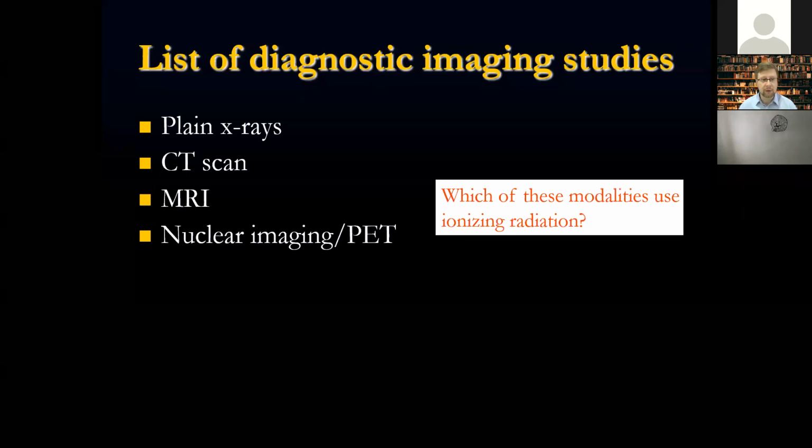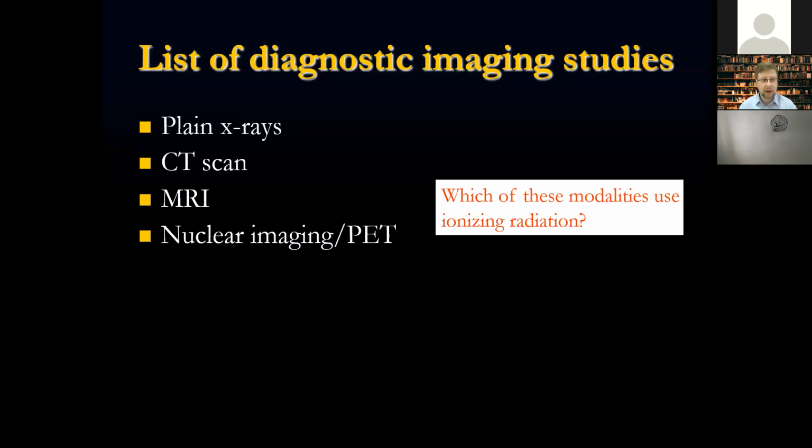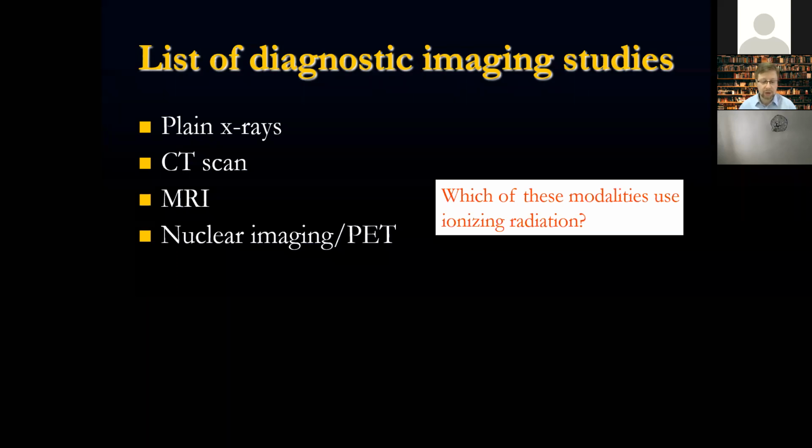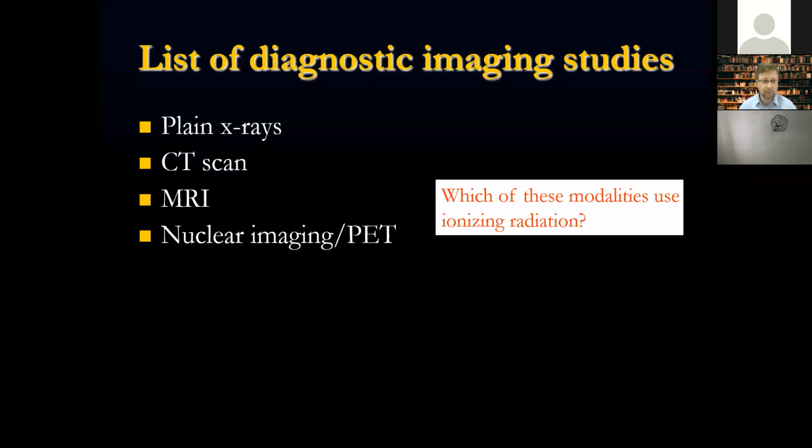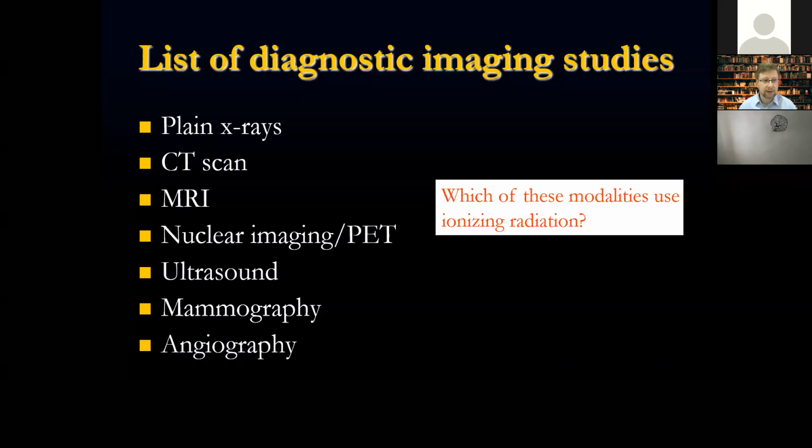During this modality, we also use X-rays. Then magnetic resonance imaging; in case of MRI, we don't use any ionizing radiation. And nuclear imaging techniques like bone scintigraphy, positron emission tomography, single photon emission computed tomography, and some other techniques.